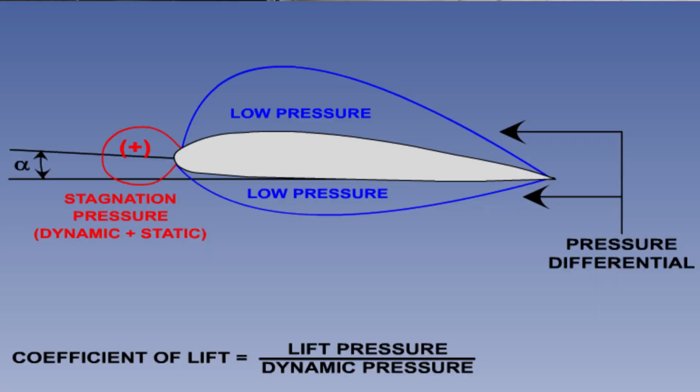Now coefficient of lift is an important term here, and it is nothing but, for a given surface area of a wing, equal to the pressure differential between the upper and lower surface of the wing divided by the dynamic pressure. Coefficient of lift also depends upon three things: the wing area, wing aspect ratio, and the shape of the aerofoil.